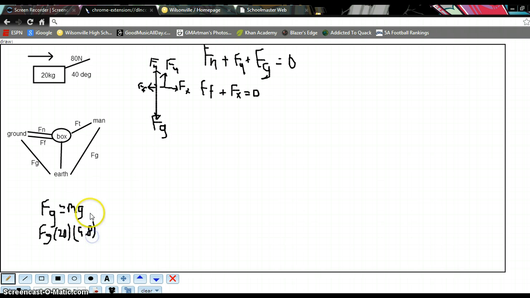And you're only using 2 sig figs because that's what was given in my problem. So the gravitational force would be negative 196, but because it's 2 sig figs, we make it negative 200.